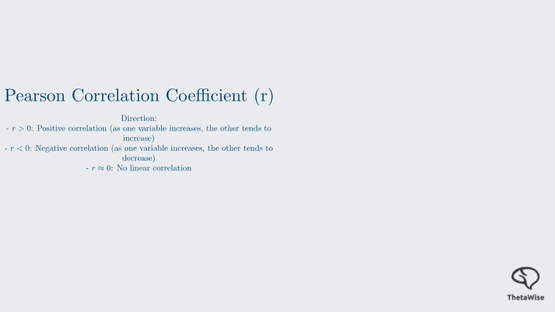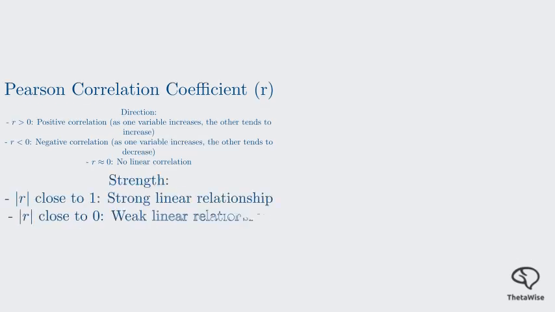A negative r value means that as one variable increases, the other tends to decrease. An r value close to 0 indicates a very weak or no linear relationship. The absolute value of r tells us the strength. An r value close to +1 or -1 indicates a strong linear relationship. An r value close to 0 indicates a weak linear relationship.